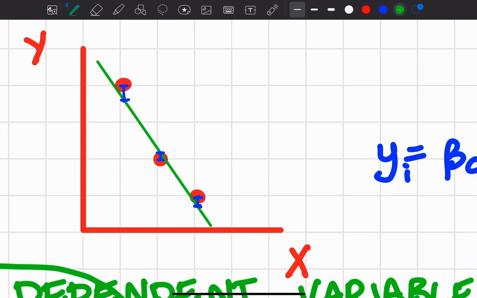What ei is depends very heavily on how we pick this line of best fit. If we pick the line of best fit out here, then our residuals would be much larger. That's not a line of best fit. The line of best fit is defined by minimizing those residuals.